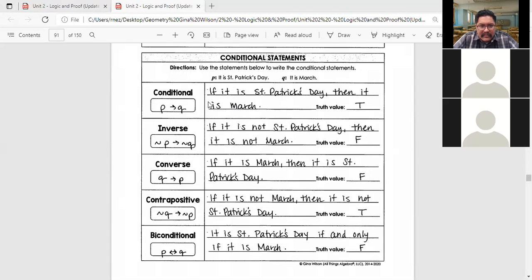So that's this one and this one. They both have to be true. One is true, the other is false. If there's even one false, that means it can't be true. It goes both ways, and that arrow there is the clue that it is going both ways.